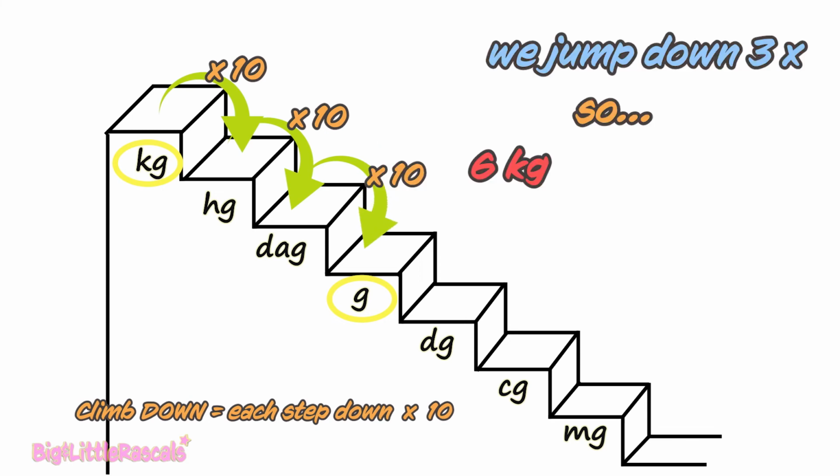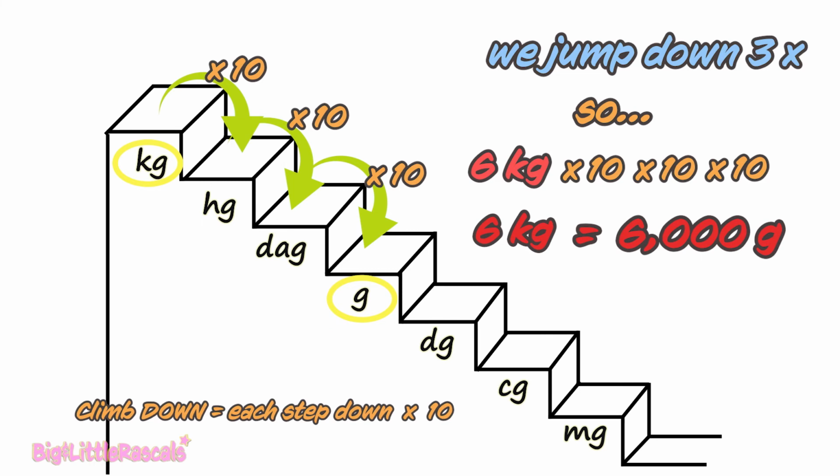So 6 kilograms multiplied by 10, and by 10, and by 10 gives you 6,000 grams. So 6 kilograms equals 6,000 grams.